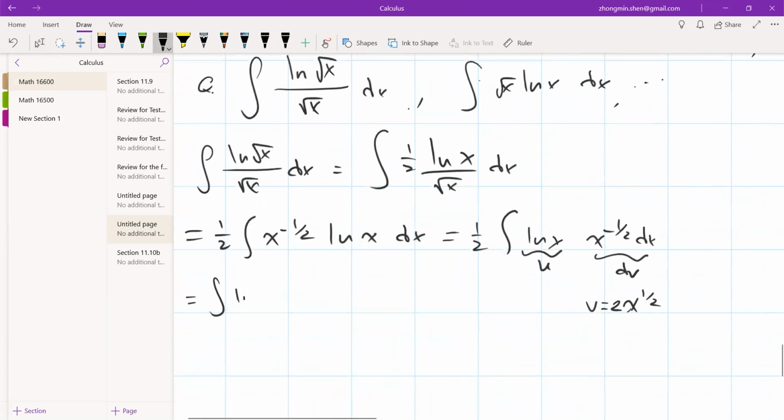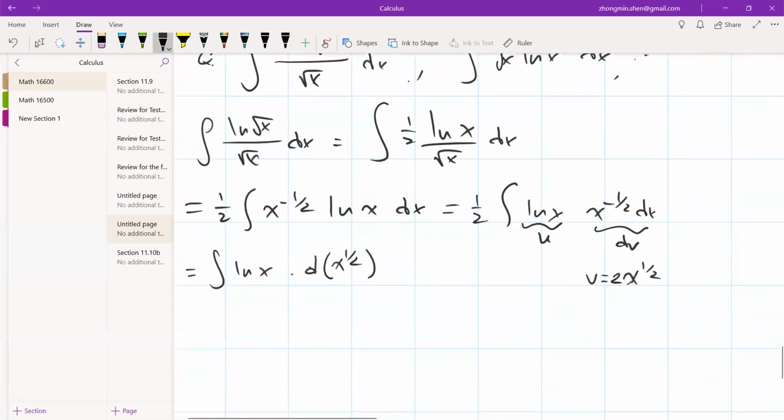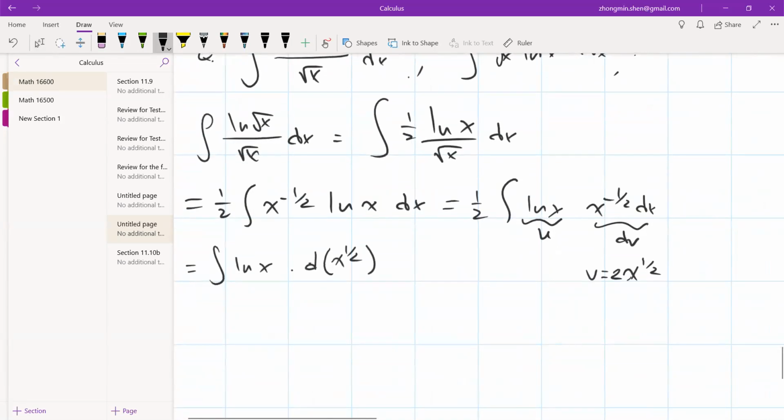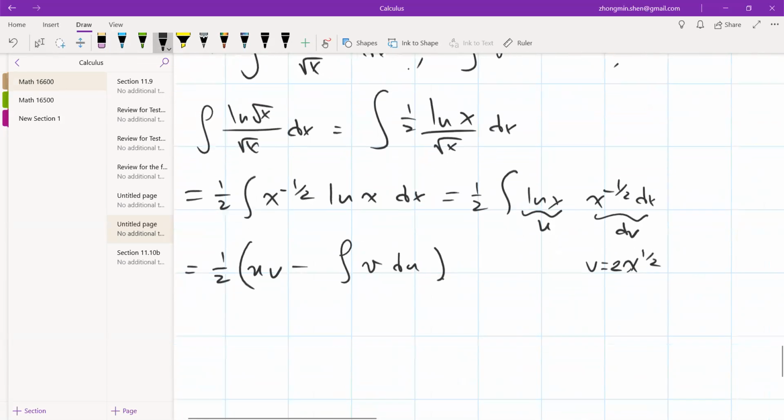You can put this inside here, it's dv. Since I already took out the 1/2, I don't want to write it again. So the answer here is uv minus integral of v du.